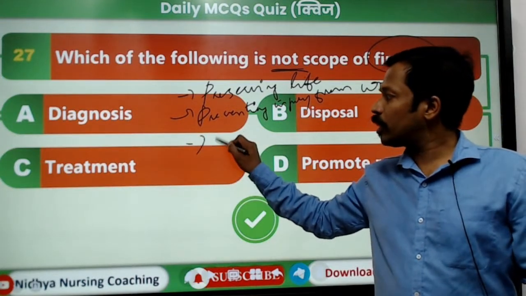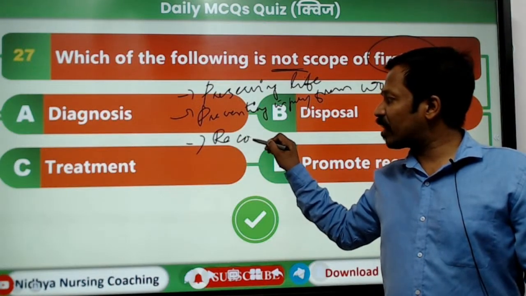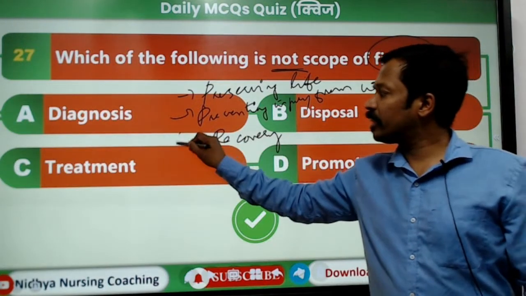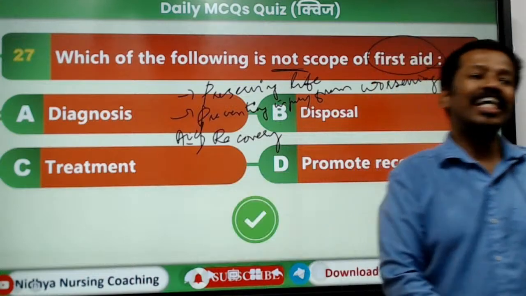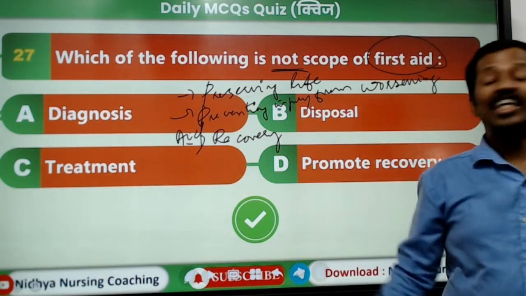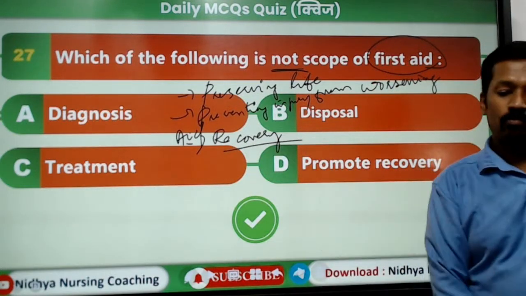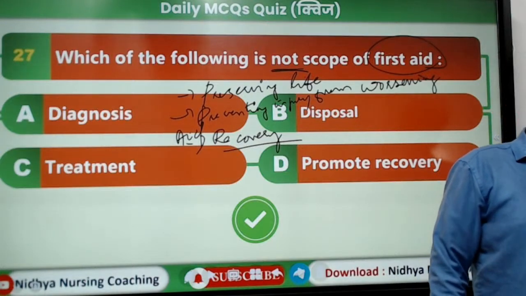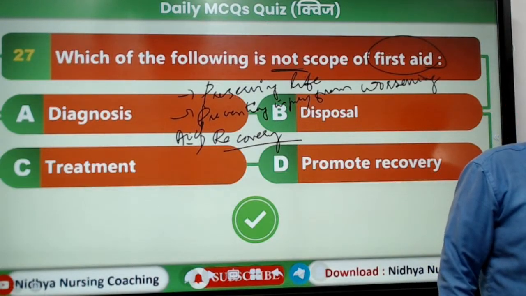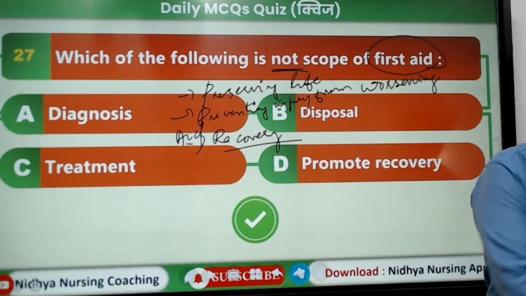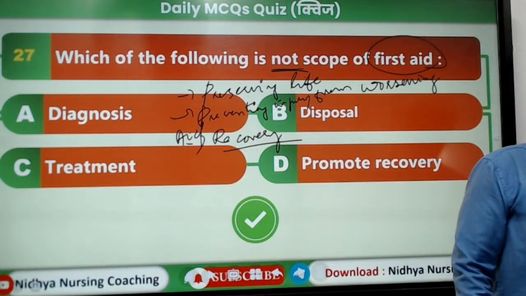Another scope, aiding in recovery. Aiding, A-I-D, aiding in recovery.